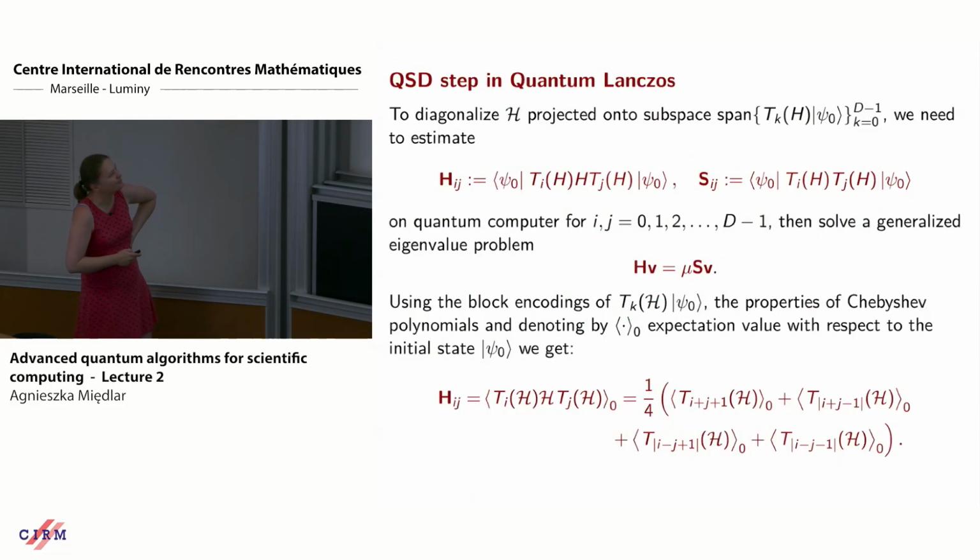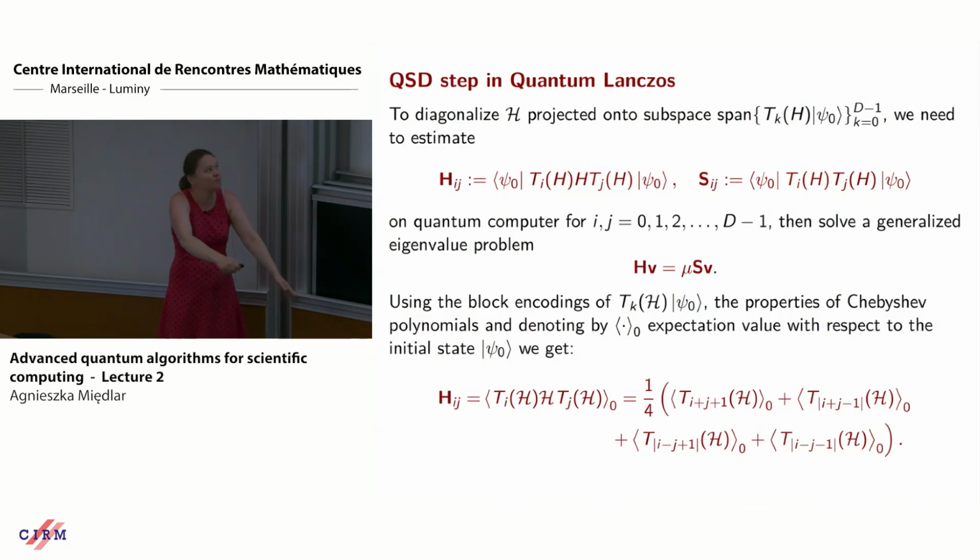All right, to bring this big problem into a small one, we have to be able to project on the subspace, and the subspace is now defined using the Chebyshev polynomials. We know how to get it through qubitization.